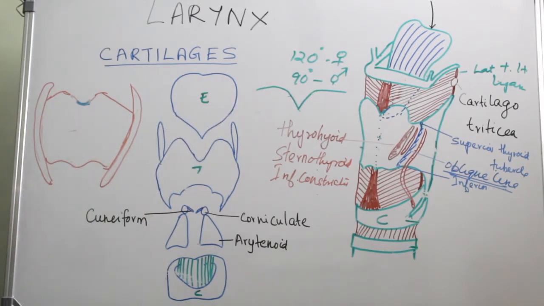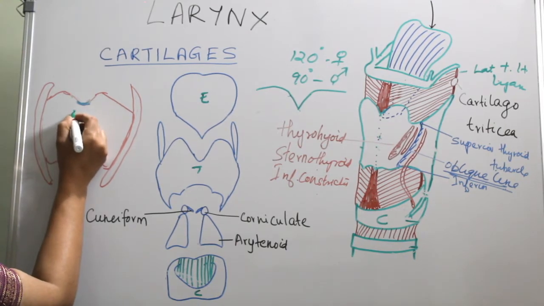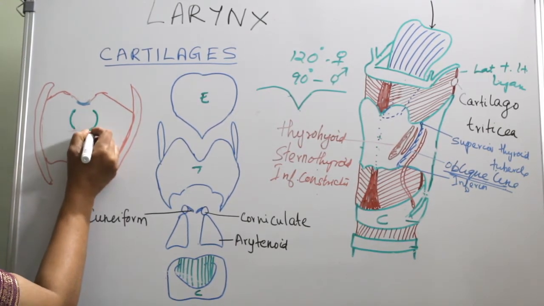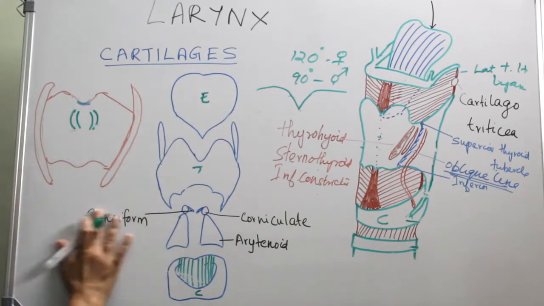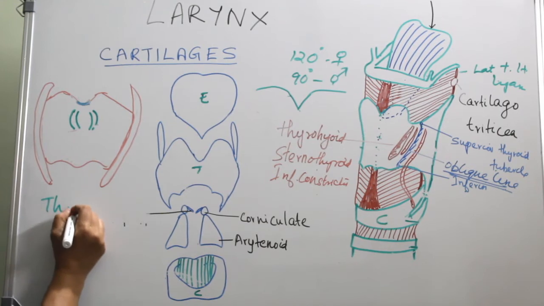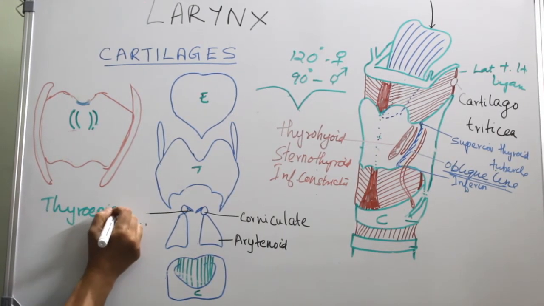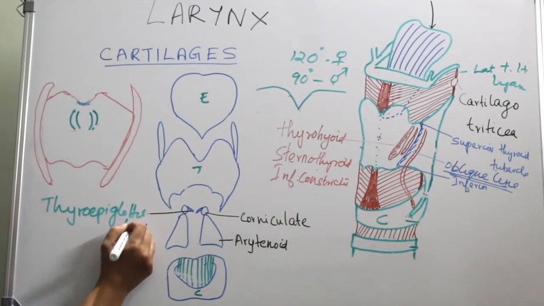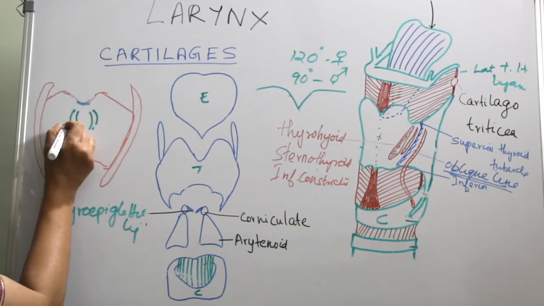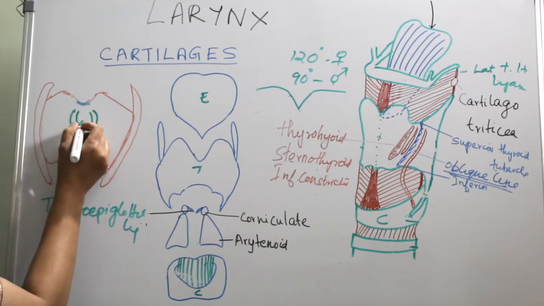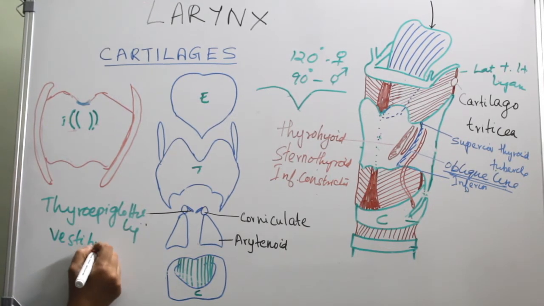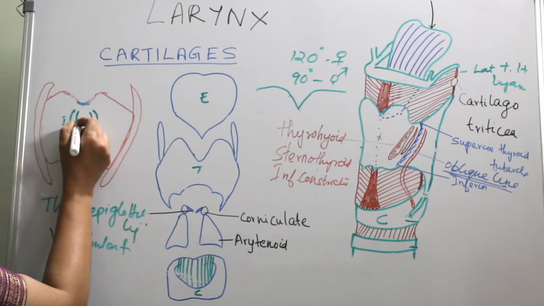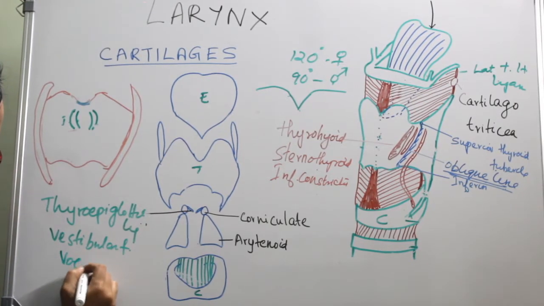On both sides of the midline you have the vestibular ligament and also the vocal ligament. This is the thyroepiglottic ligament. This is a vestibular ligament and vestibular fold, one vestibular fold, and medial to that comes the vocal fold.